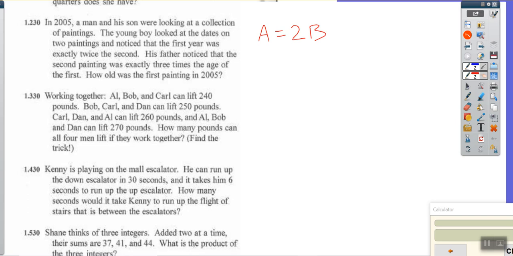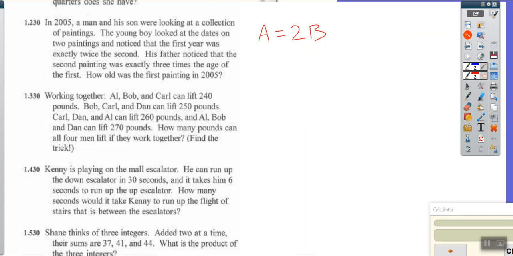So in this case, A is a later date, B is an earlier date. His father noticed that the second painting is exactly 3 times the age of the first. How old was the first painting in 2005?